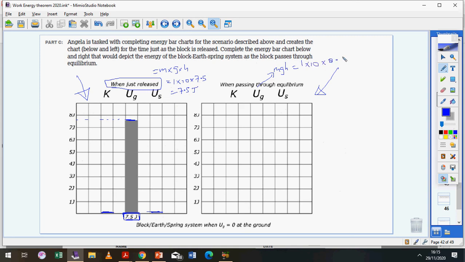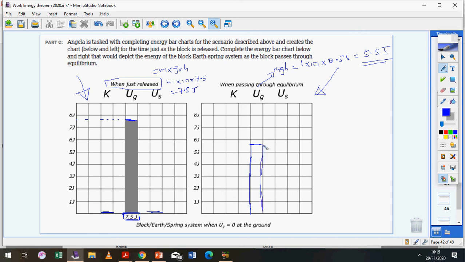So that's a potential energy of 5.5 joules. Graphing that here on this graph, I have 5.5 joules as its potential energy at that position, right? So I have my box going up to 5.5.